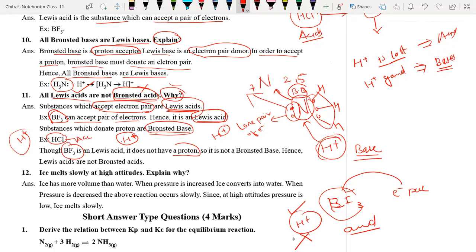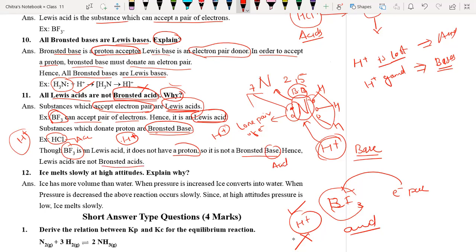That's why the given statement says not all Lewis acids are Bronsted acids, because Lewis acids do not have H positive ion to lose to act as a Bronsted acid. This is the reason. Hence, Lewis acids are not all Bronsted acids.